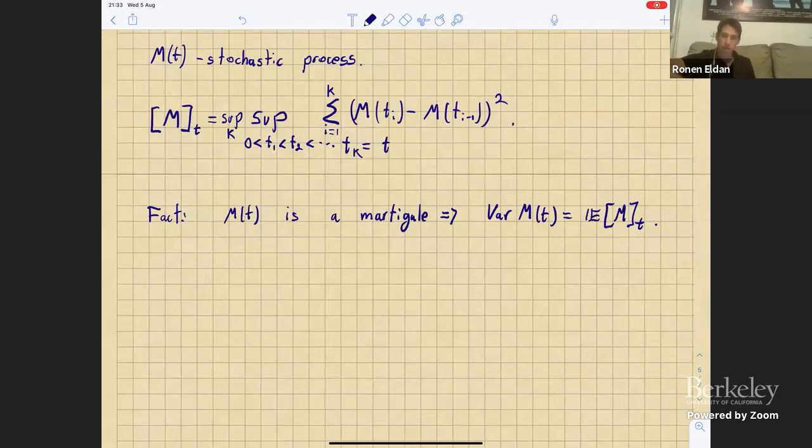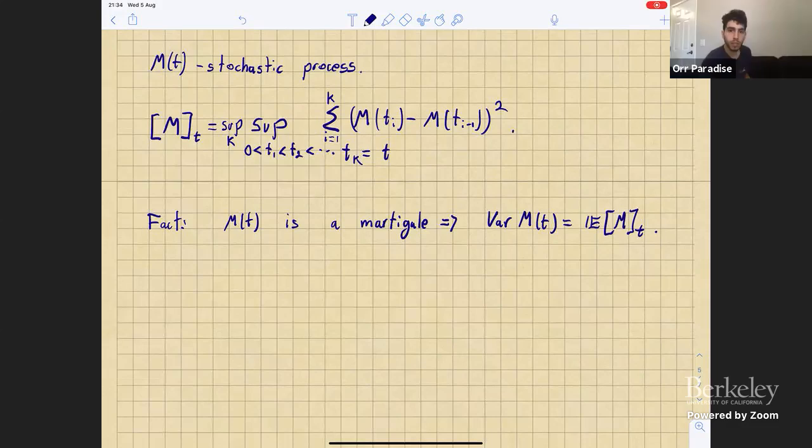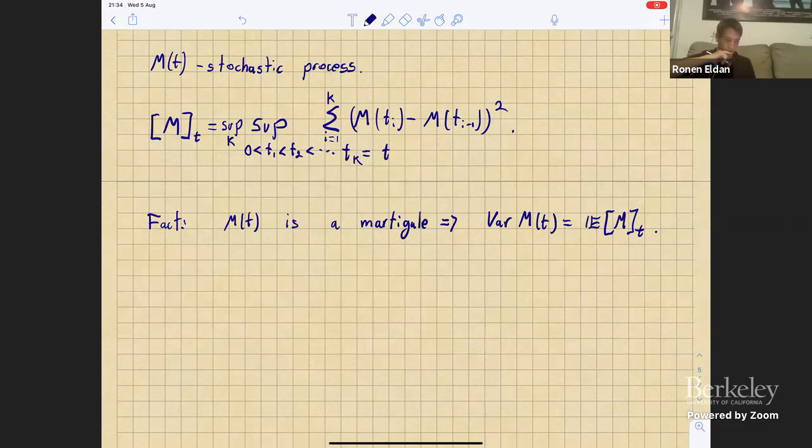Questions about this fact? Okay. Question from Gregory Rosenthal asking, should it be infimum rather than supremum? Should it be infimum? No, it should actually be supremum.